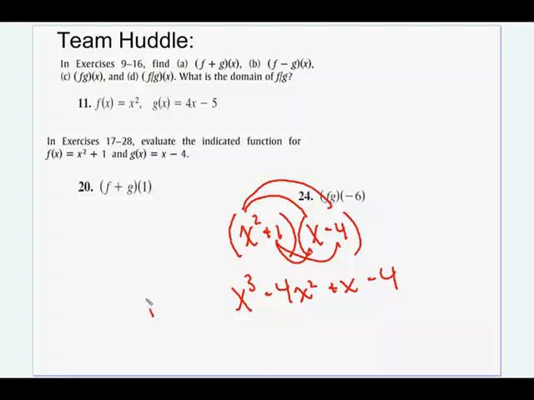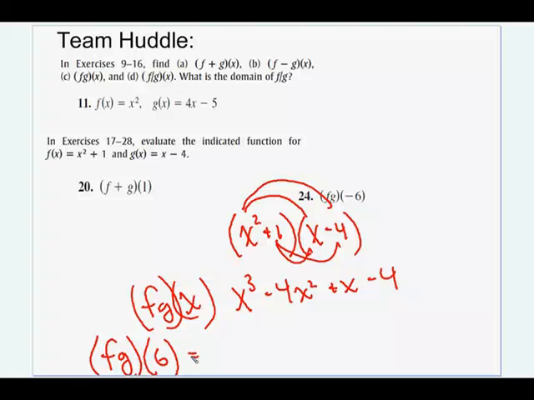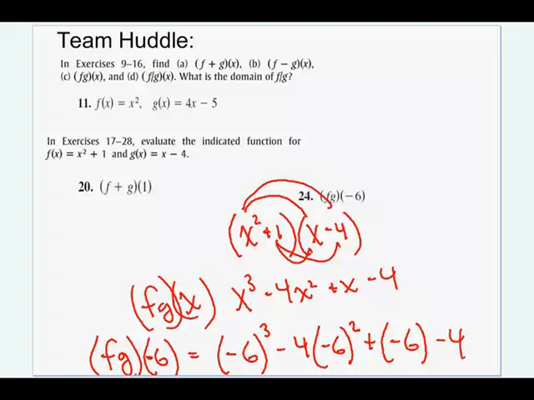There is our product function, f times g of x. And now we're just going to plug a negative 6 in there. F times g of negative 6 is going to be negative 6 to the third minus 4 times negative 6 squared plus negative 6 minus 4.